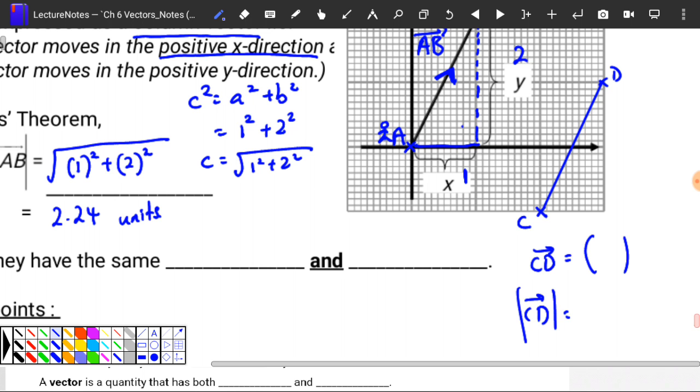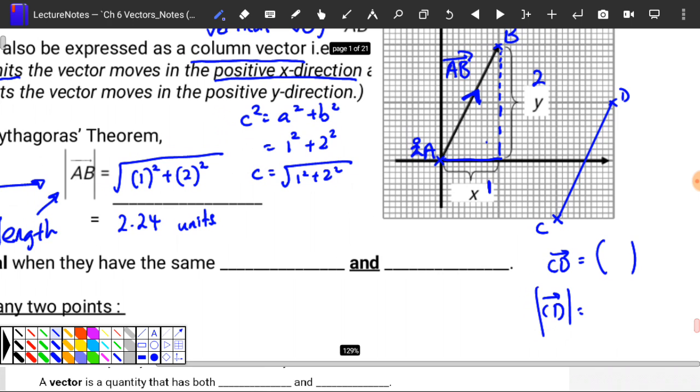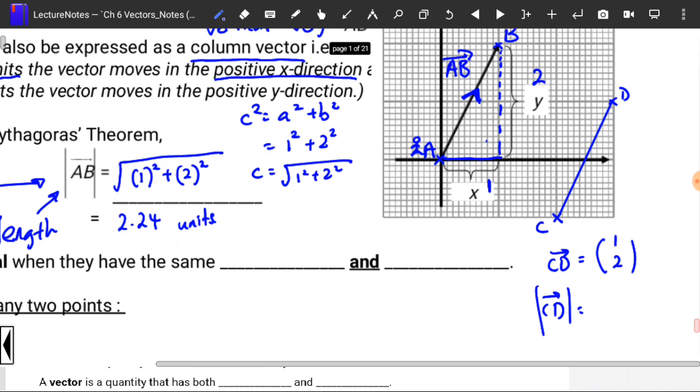Is this the same answer? Okay, it's the same answer.